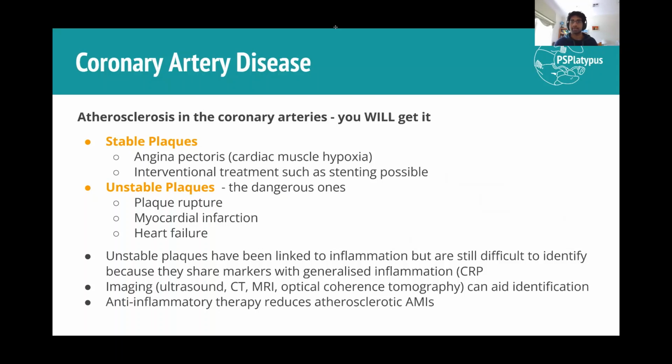The somewhat morbid thing about it is that you will get it. So you guys are maybe 19, 20 at the moment. Half of you have atherosclerosis in your coronary arteries right now. And by the time you get to middle age, pretty much all of you will have at least some. That's not talking about coronary artery disease by itself. By the time we talk about it as a disease, it's a higher threshold.